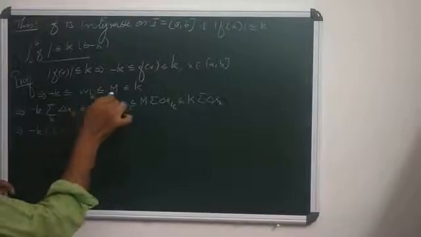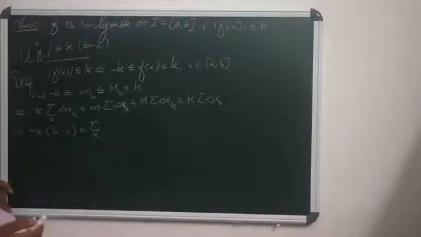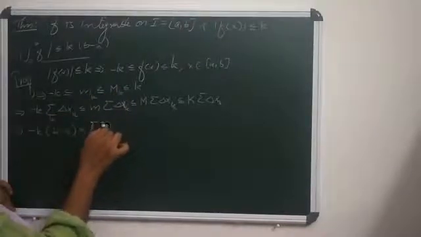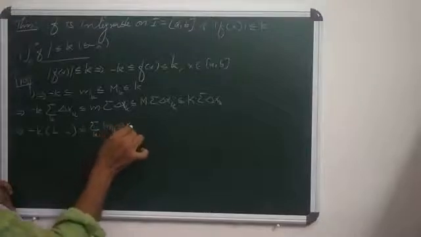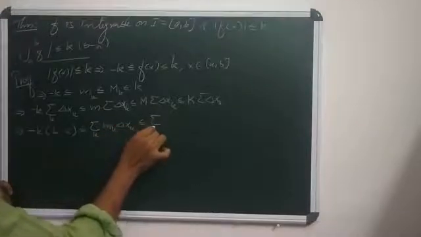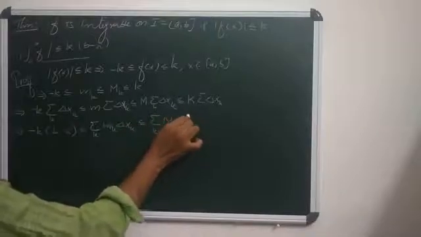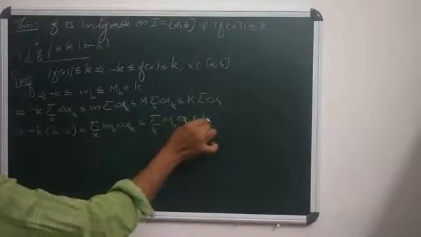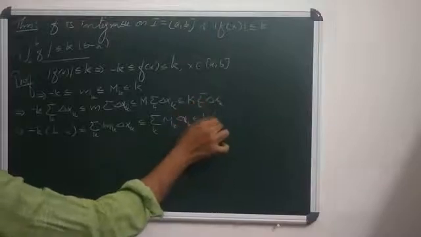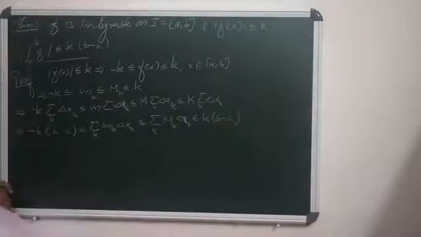Instead of m, you can choose m_k for the sake of argument. The sum over k of m_k delta x_k is less than or equal to the sum over k of capital M_k delta x_k, which is less than or equal to k times the sum of delta x_k, which is k times (b minus a). Agreed.